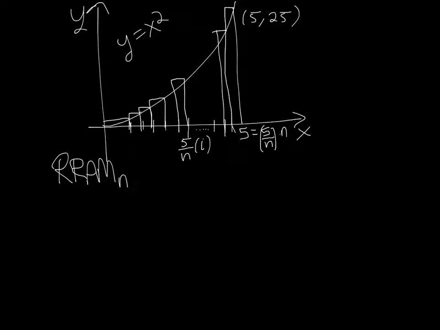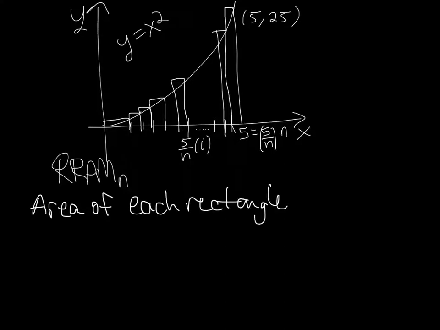So the area of each rectangle is, as I'm sure you remember from geometry, the width times the height. And let's focus on this rectangle right here, the one that I've highlighted in pink.